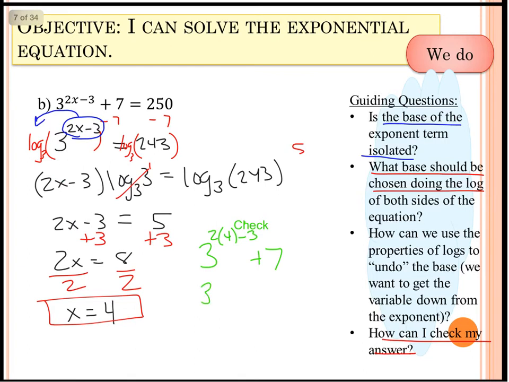Simplifying, 2 times 4 is 8, so I got 8 minus 3 in the exponent. So that's going to give me 3 to the 5th power plus 7. And we actually just talked about how 3 to the 5th power is 243. And if I add 7 to that, I get 250. So that does check.